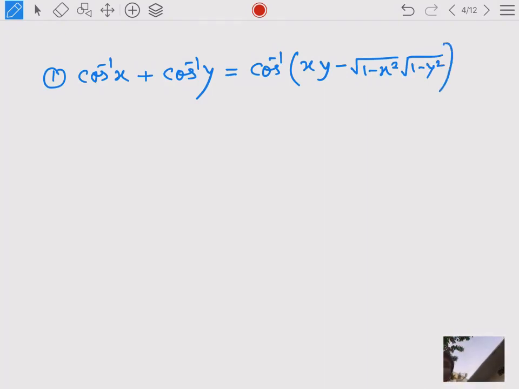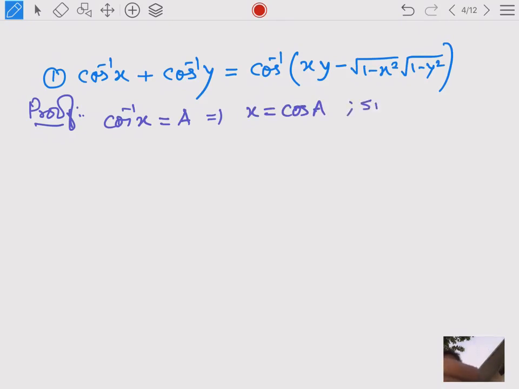We have to derive this formula. It may not be in the book, but we should know this formula too. Okay, now how will we prove it? So we will discuss the proof of this formula. For the proof, again we take cos inverse x as an angle, let this angle be A, then it implies x is equal to cos A. But we know that in the formula of cos A plus B, sin A is also there, so if cos A is equal to x, then sin A is equal to square root of 1 minus x squared.